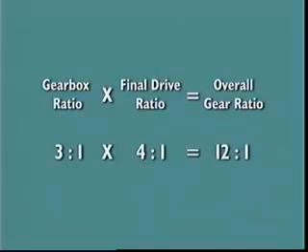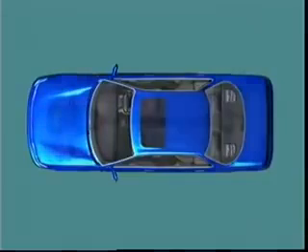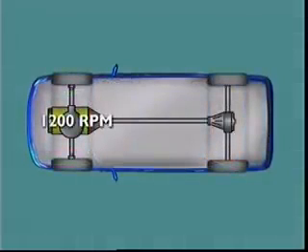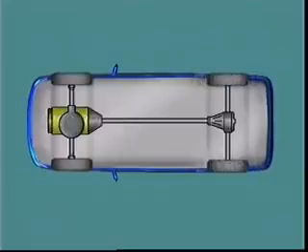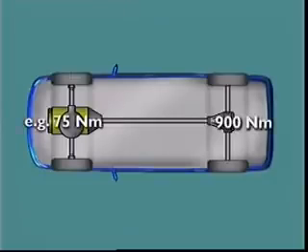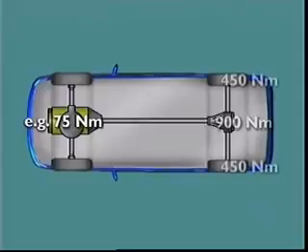A gearbox ratio of 3 to 1 with a final drive ratio of 4 to 1 gives an overall ratio of 12 to 1. 12 revolutions of the crankshaft result in 1 turn of the driving road wheels. Assuming 100% efficiency, the torque applied is 12 times the engine torque, although this is divided equally between the driving wheels.